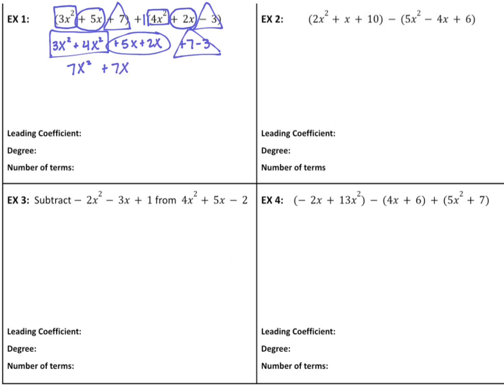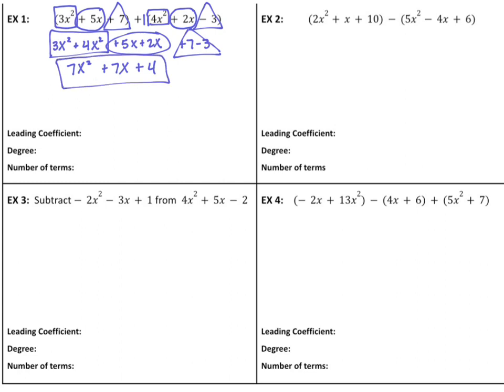And 7 minus 3, or positive 7 minus 3, is 4. So there is my equation. It is already written in standard form because my biggest degree is 2, and it's written first. And then I have an exponent of 1, or just x, and then my constant at the end. So this is going to be my final answer.